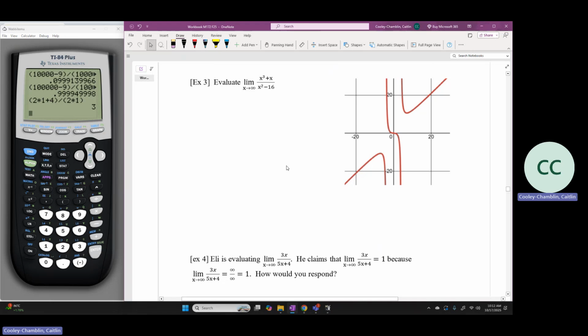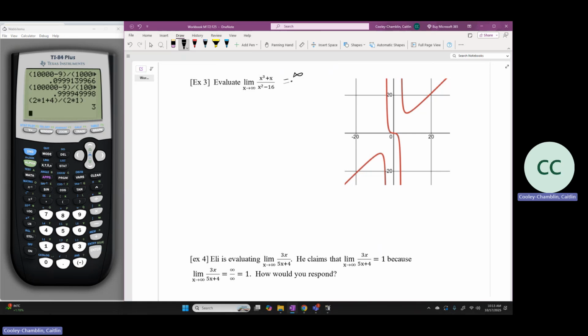All right. So our last page of our limits, example 3 said evaluate the limit as x goes to infinity of x cubed plus x over x squared minus 6. Now, if I just plug infinity in, we would get infinity plus infinity, so we get infinity on the top.